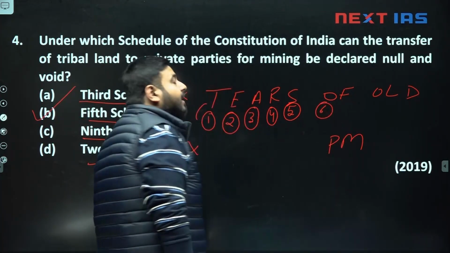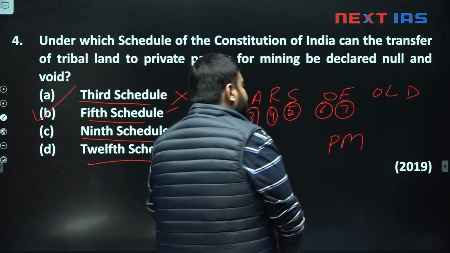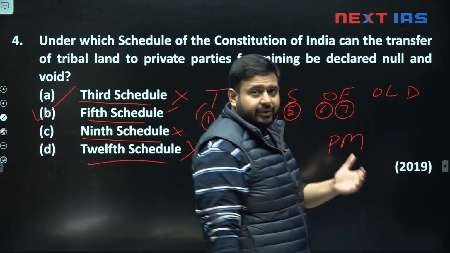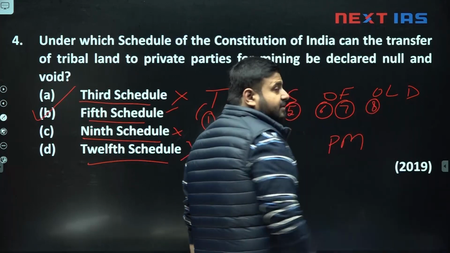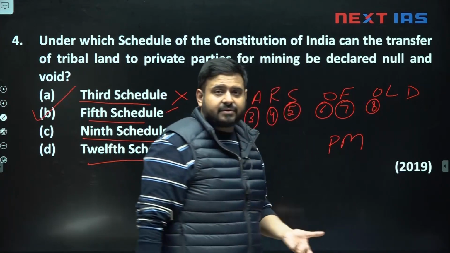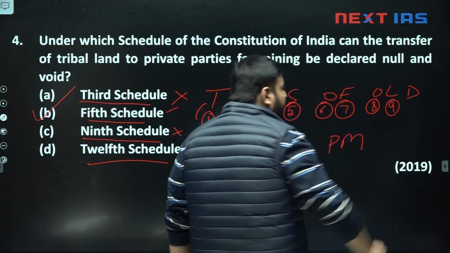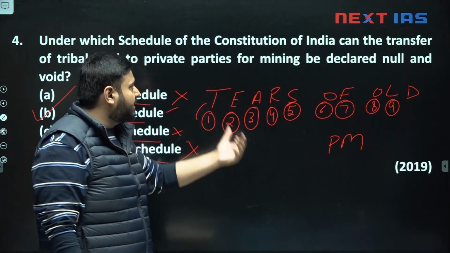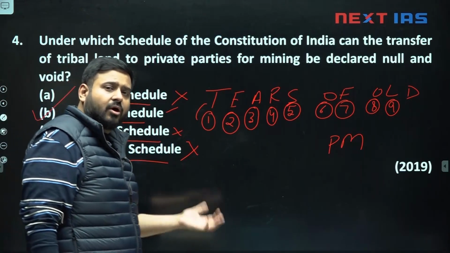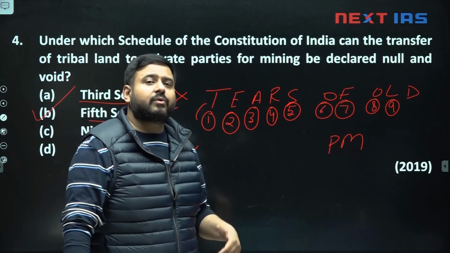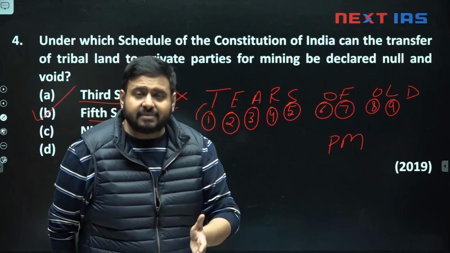Sixth is the other scheduled areas. F is for the federal structure, seventh schedule, that gives the list, union list, state list and concurrent list. Then eighth is for the official languages. We have 22 scheduled languages, so it is in the 8th schedule. Ninth schedule is for land reforms. It does not declare null and void, rather it declares that if a land reform is to be brought and it is put under the 9th schedule, even if it is violating the fundamental rights, it will be considered to be valid.